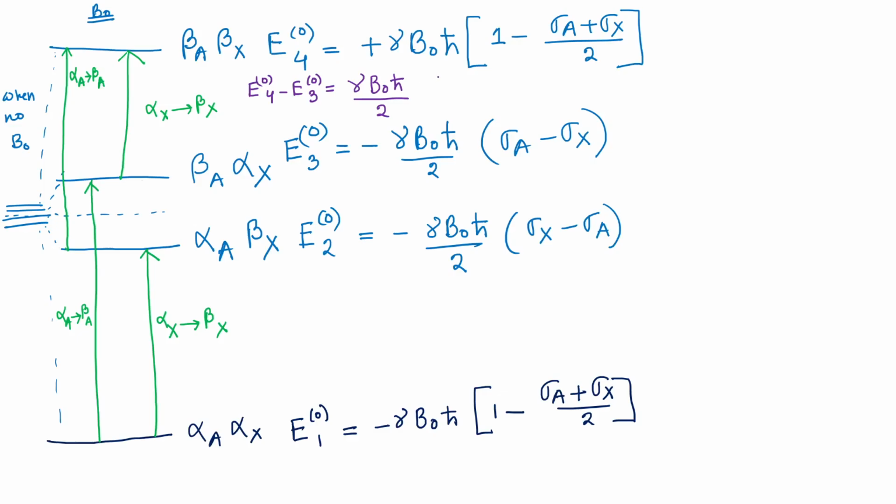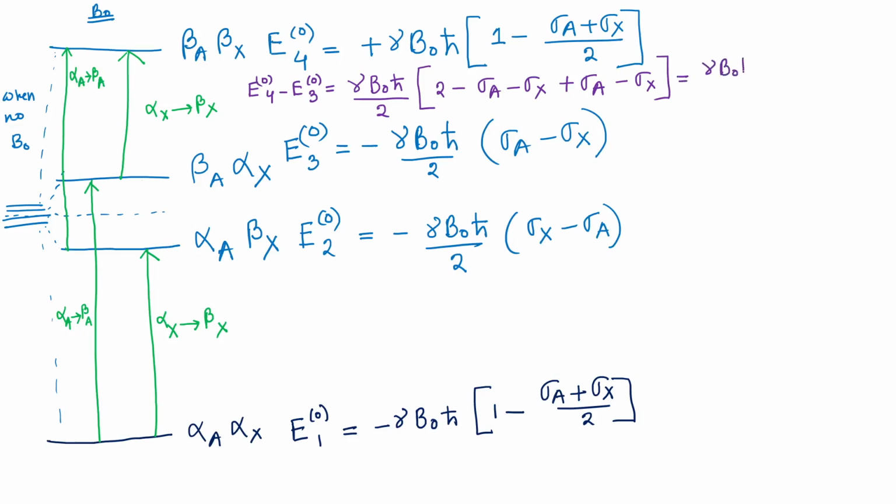We are going to get 2 minus sigma A minus sigma X, right? And then there is some minus minus plus, so it will become plus. So gamma B0 H cut by 2 is there. We have sigma A minus sigma X, right?